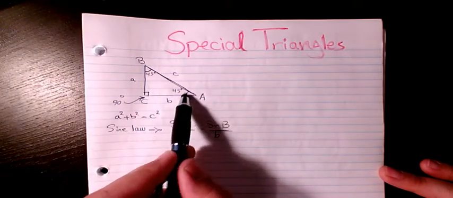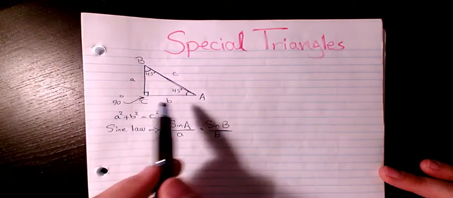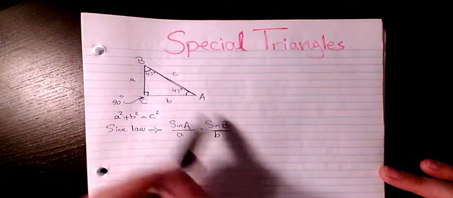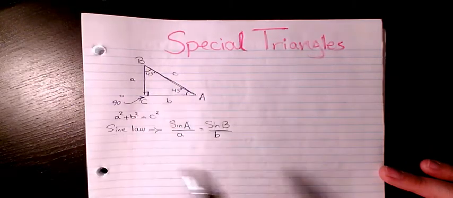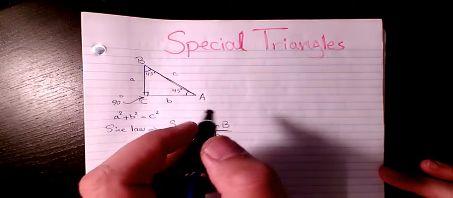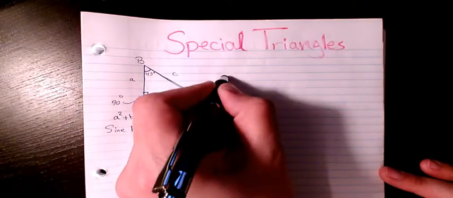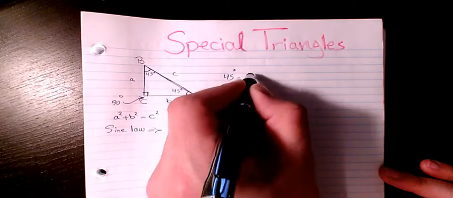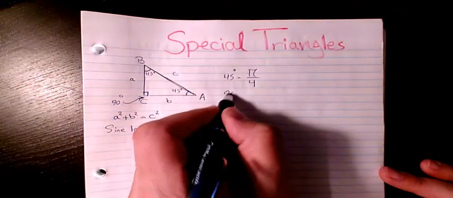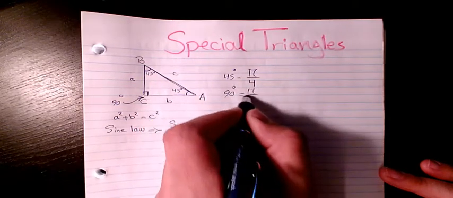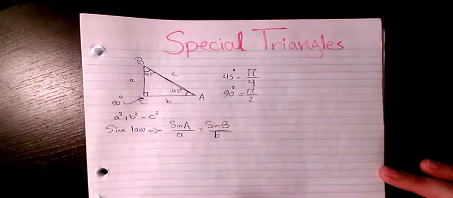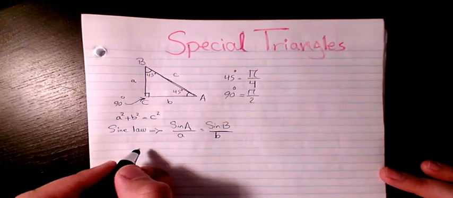So sine of 45 over A has to be equal to sine of B divided by B, this length here. And before I forget, 45 degrees is the same as pi over 4 in radians, and 90 degrees is the same as pi over 2. So instead of 45 degrees, you can write pi over 4 as well.